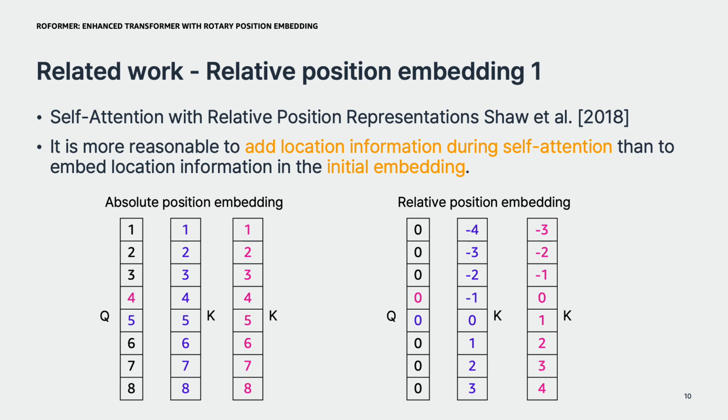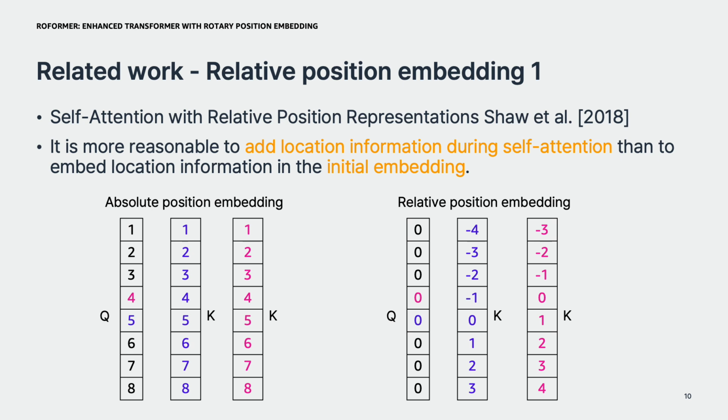Next, I will explain relative position embedding. To overcome the limitations of previous methods, Shaw proposed a new approach. Instead of simply adding positional information at the embedding stage, they incorporate it directly into the self-attention operation. In other words, the calculation of the attention score between a query and a key explicitly reflects their relative position.